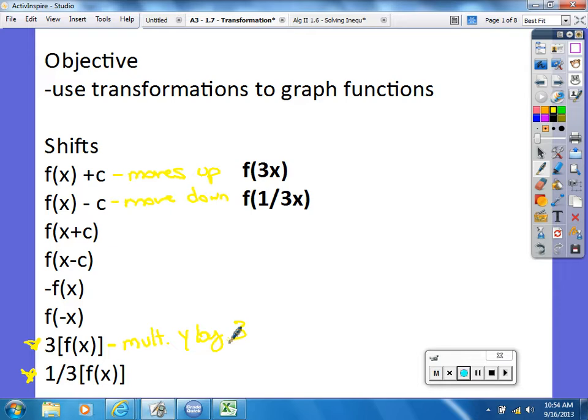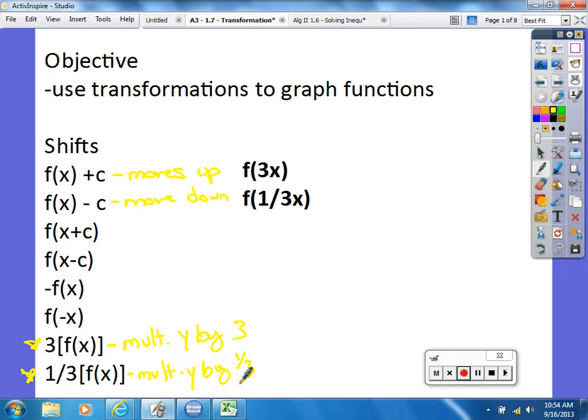So in this case, I would multiply the Y's by 1/3. So let's talk a little bit more about these. Vertically, 3 does what to the whole graph? This is my graph. It stretches it, right?